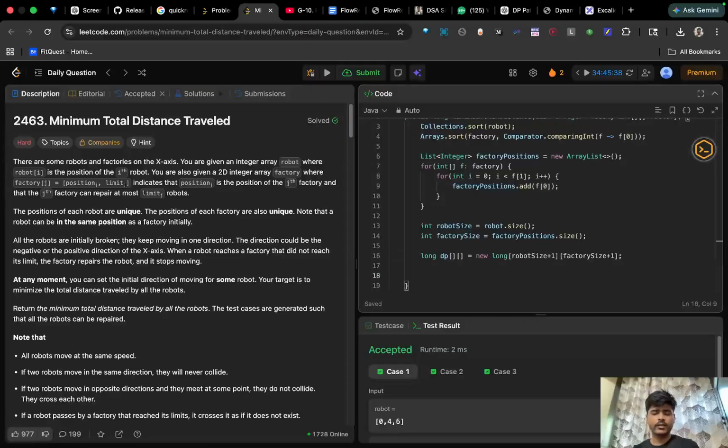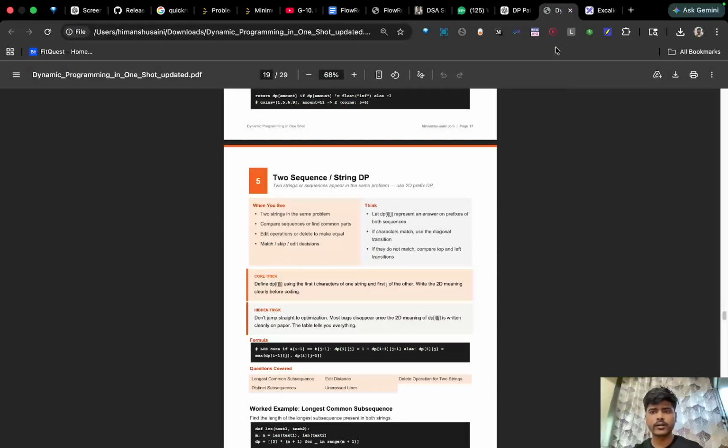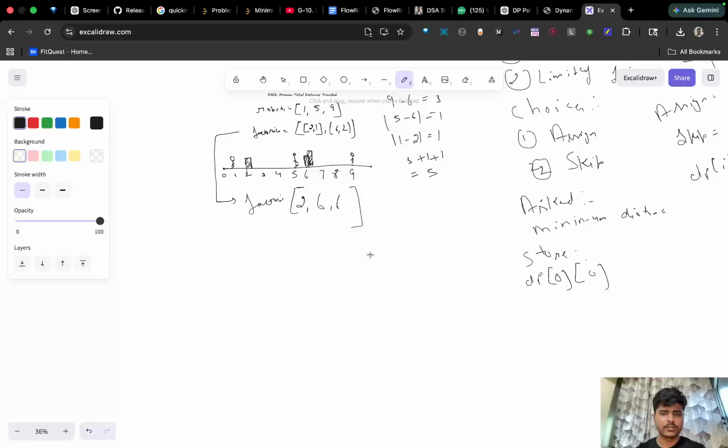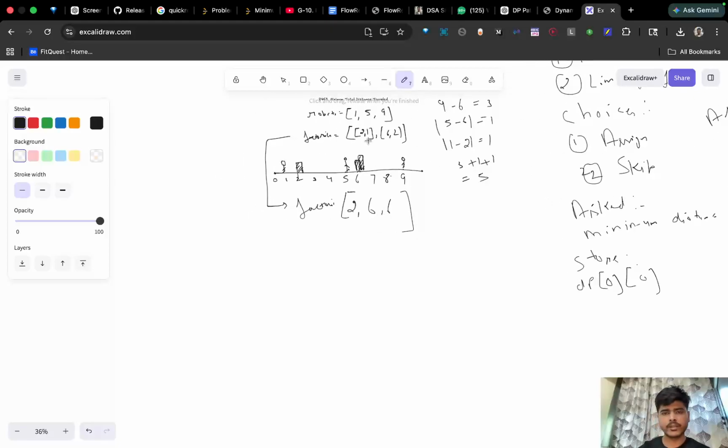The first thing we are going to fill in this dp table is our base states, or the states that are impossible to reach. So if the dp array is this, for this particular example the size is 3 by 3, so I will be taking a dp array of size 4 by 4.